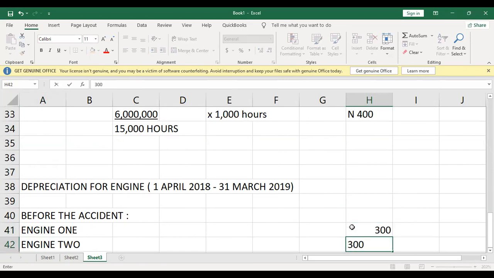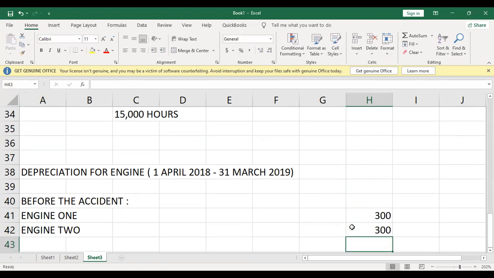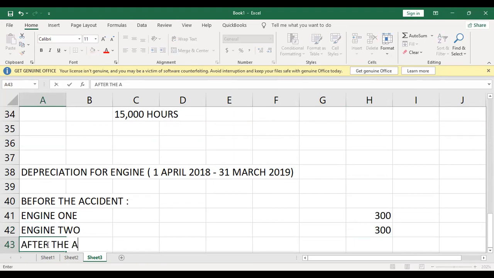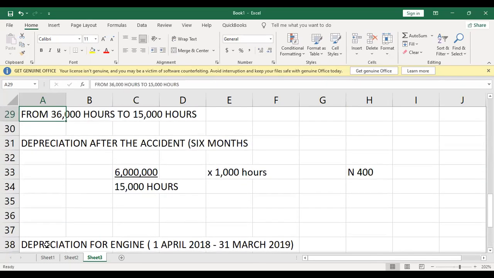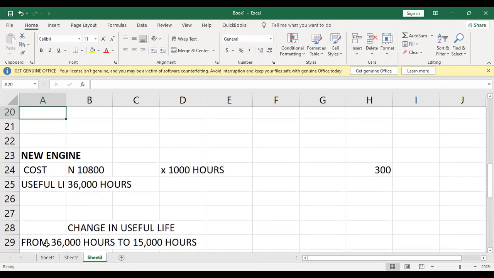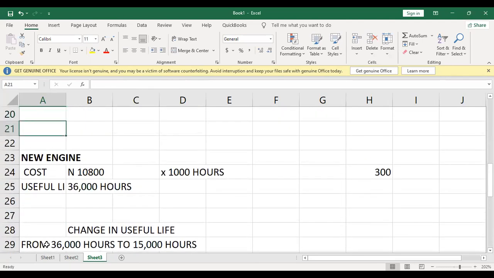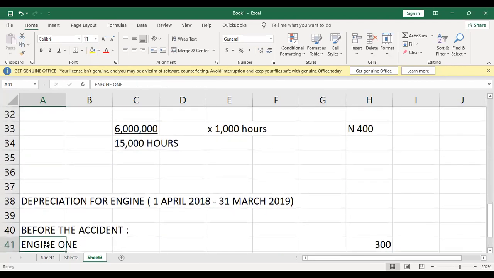That's before the accident. After the accident, one was damaged and was replaced. So the one that was replaced, 300. Then the damaged one, 400 and 700.